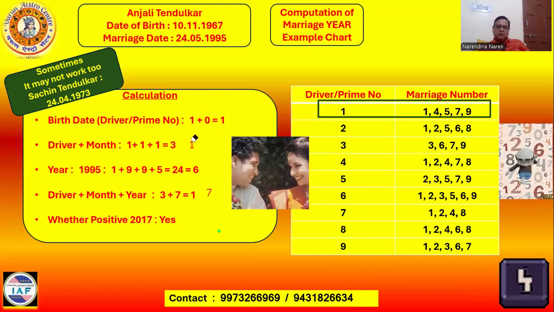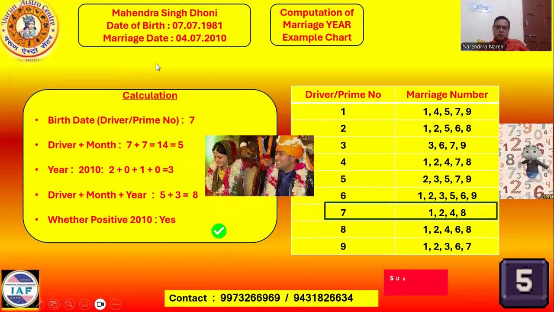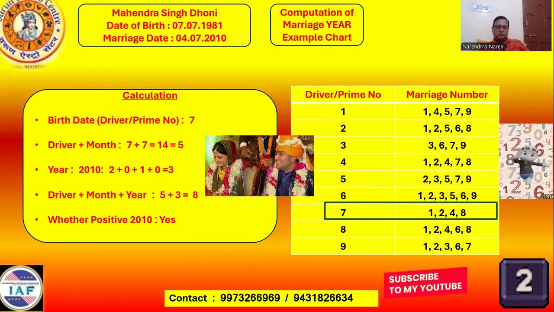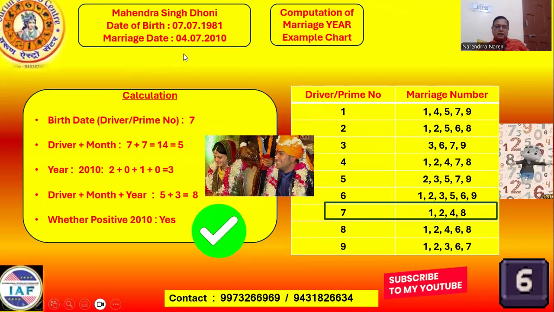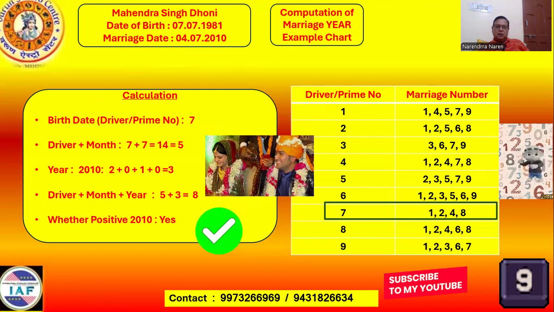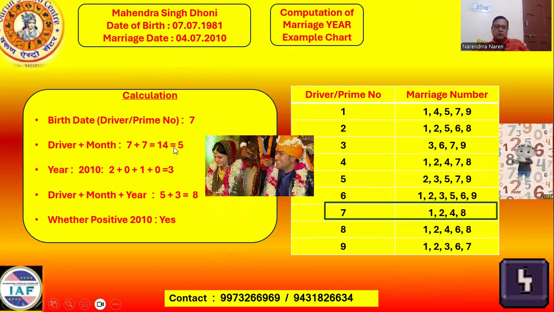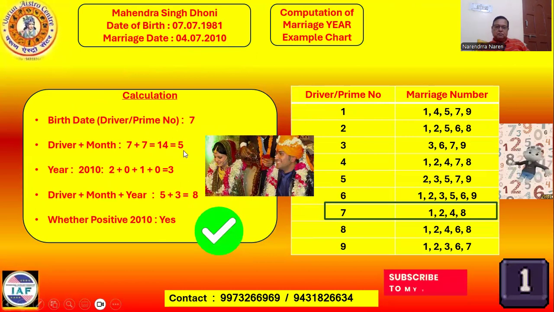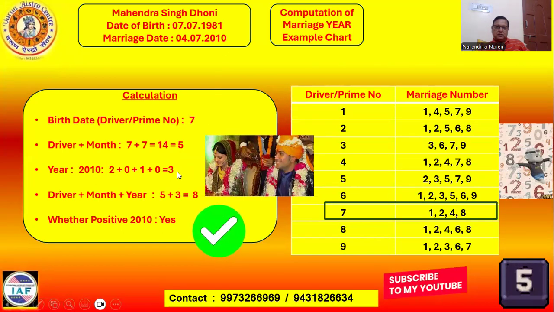Next chart we are taking of Mahendra Singh Dhoni. His birth date is 7/7/1981 and marriage date is 4th July 2010. So we are getting 7 from birth date, and 7 plus 7, 14, is equal to 5 from month and date, and 2010 is giving us 3.